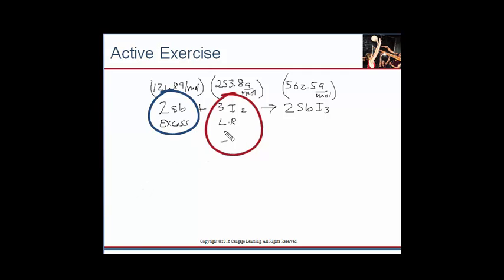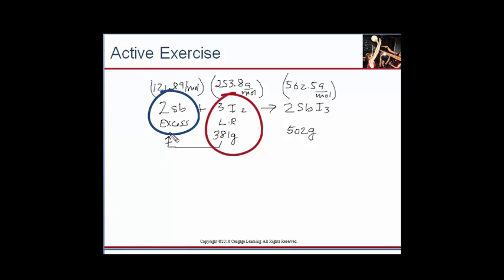So what we want to do is use our limiting reactant, which was 381 grams, and figure out how much of this we need to react with all 381. We did calculate that we would make 502 grams of the product based on this.